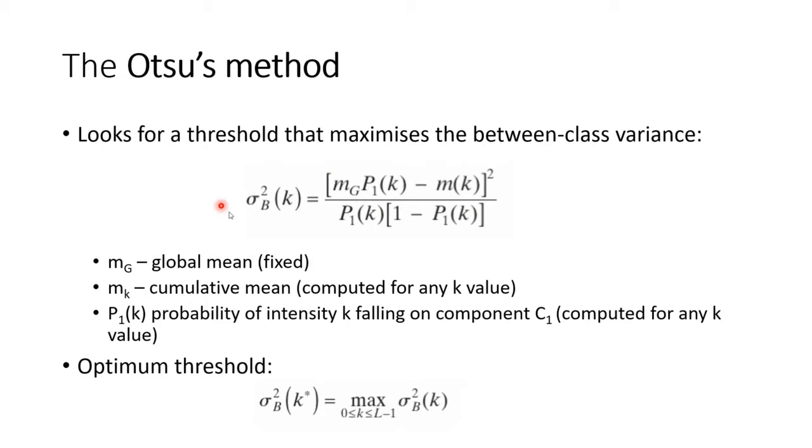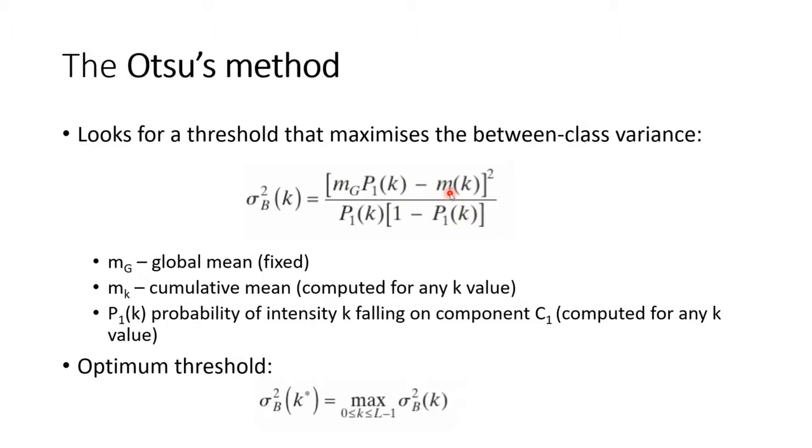So basically, this is the between-class variance. It's a calculation that involves the global mean, the mean value of all pixel intensities in the image that you want to segment, and the difference between the global mean times the probability here, which we're going to understand later, minus the cumulative mean computed for any k value.